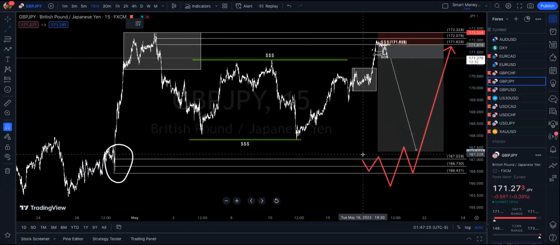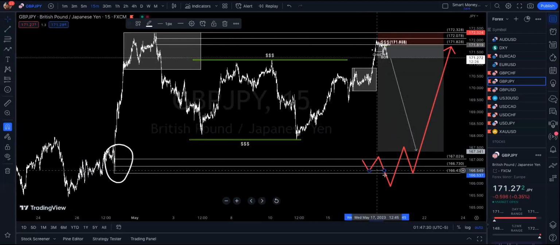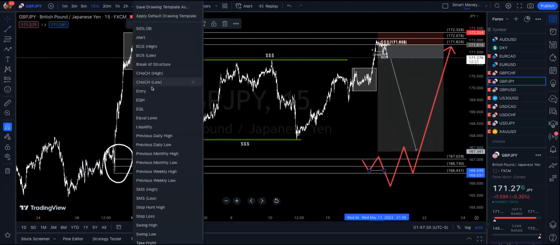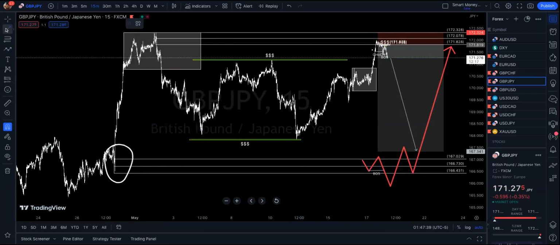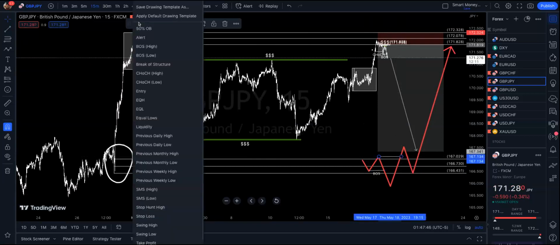And what is that? You see this break of structure. We got to see this break of structure before the change of character. We have to, right? The break of structure must come before the change of character.